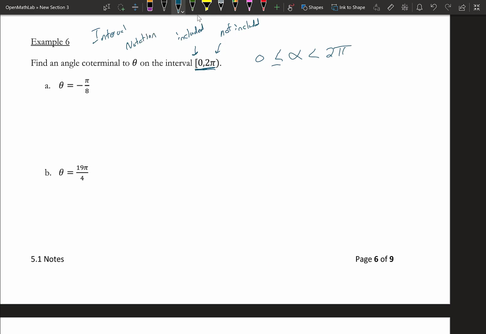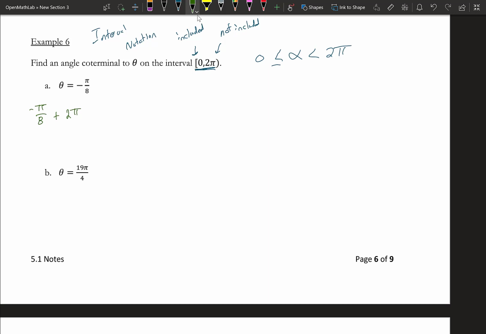For part A, we have theta equals negative pi over 8. Remember, we're not adding 360 degrees since we're in radians. We're going to add 2 pi to it. Since we have a negative value, I'd want to add 2 pi until I get something between 0 and 2 pi.